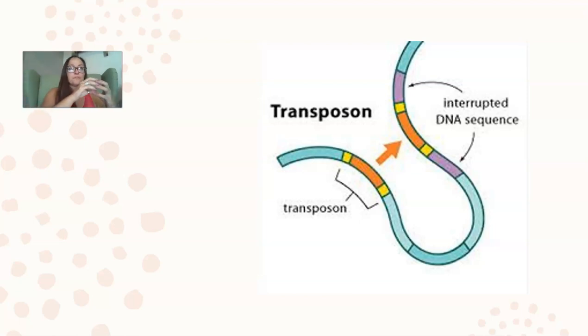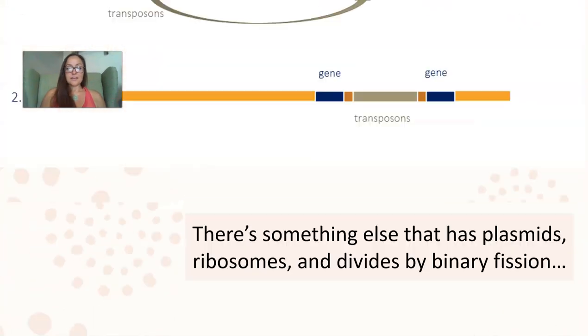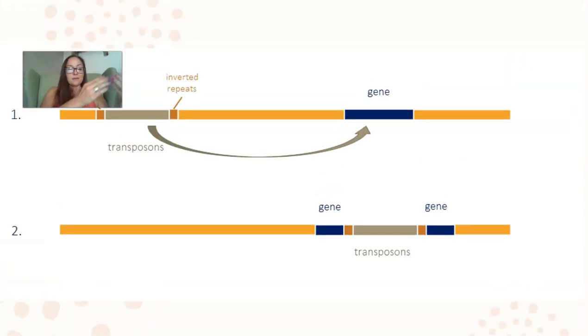It can hop or move and get incorporated into other areas, which would then change the DNA sequence. So transposons do create new variations in genes, and it's basically a section of DNA moving from one area to another.